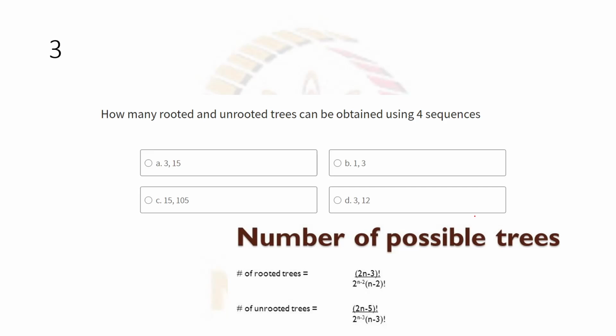Moving on to the next question: how many rooted and unrooted trees can be obtained using 4 sequences? I have given the formula here, in case someone doesn't remember the formula.